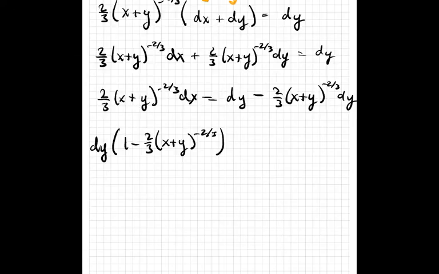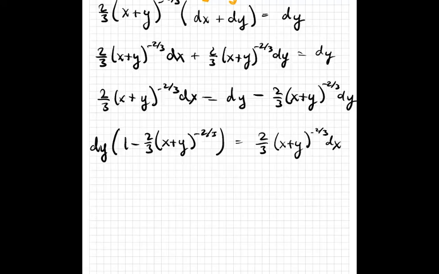And that's going to equal 2/3 (x plus y) to the negative 2/3 dx. All right, so I'm going to basically divide by dx and divide by the term on the left.